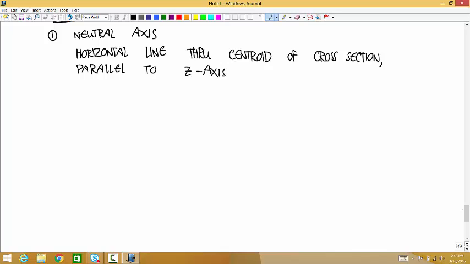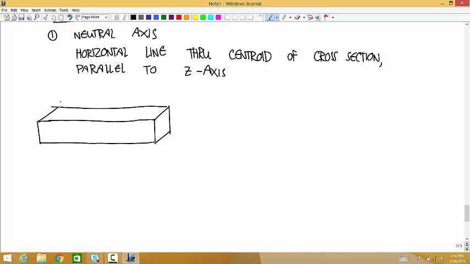Okay, so if this is the beam, the centroid of the cross-section is here. Our coordinate system has the x-axis along the beam's long axis.